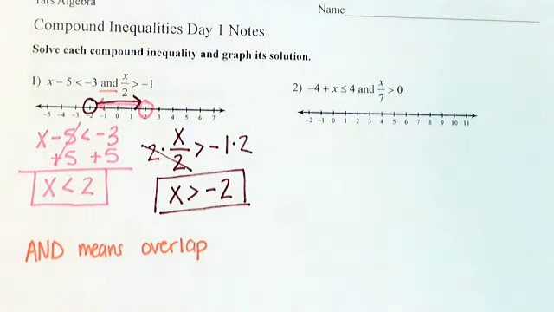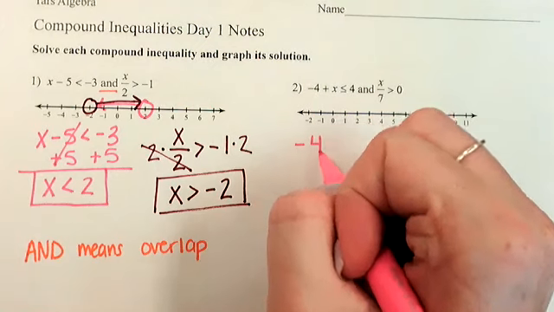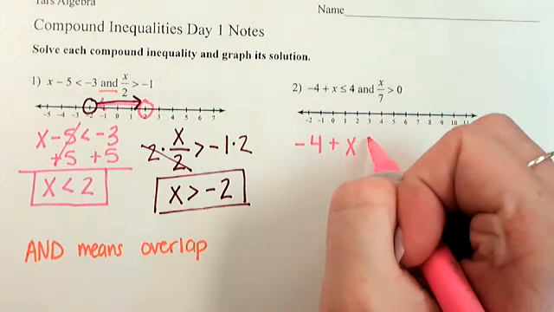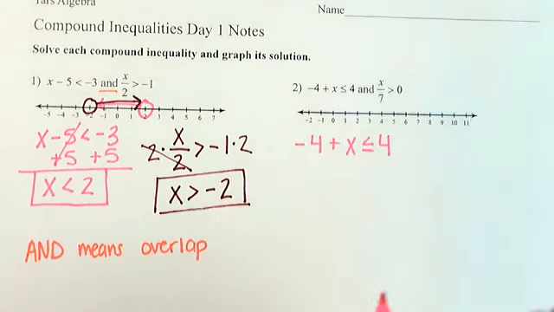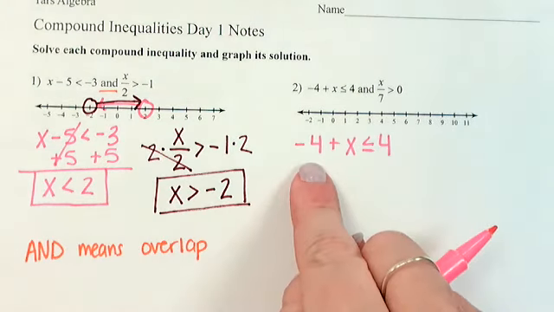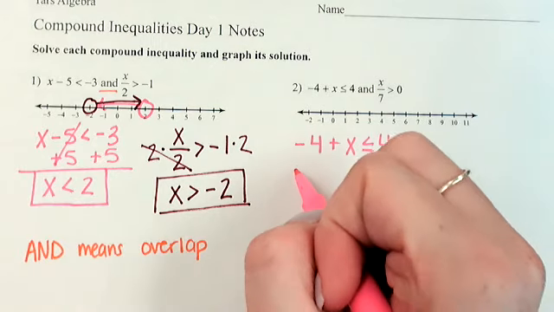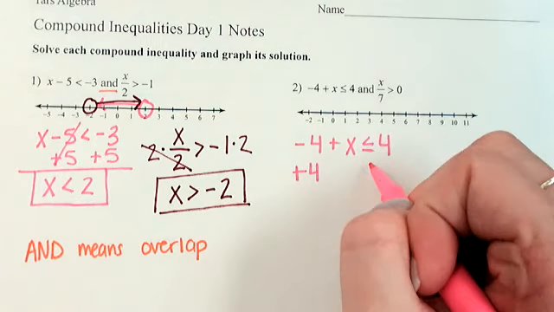All right, let's look at number 2. So we're going to solve each problem again. So we have negative 4 plus x is less than or equal to 4. And so our goal is to get x by itself. So we have to get rid of this negative 4. So we add 4 to both sides.